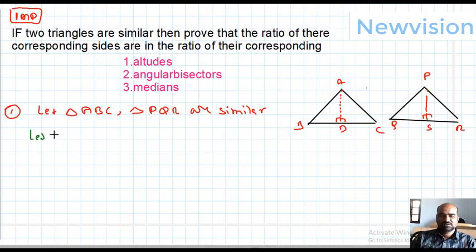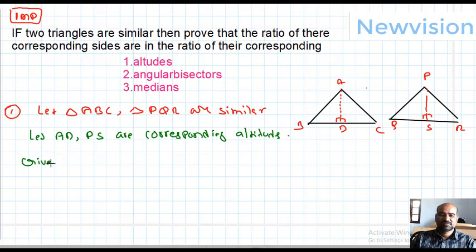Okay, I will write that. Let AD, PS be corresponding altitudes. Now I want to write one by one.